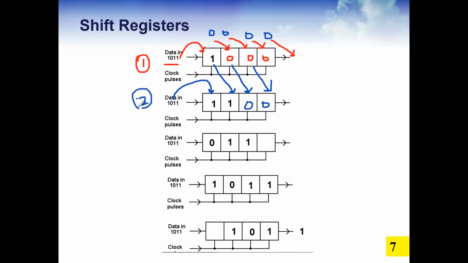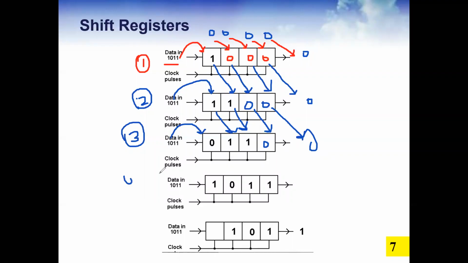Now the third clock. With the third clock, what happened? I'm just writing it completely here, 0 0. Now with that clock, this will go out, this will shift here, and this will shift here. Now the next input will be here, which is 0. So this is the status after 3 clocks.